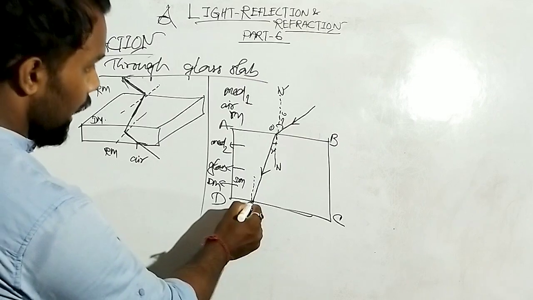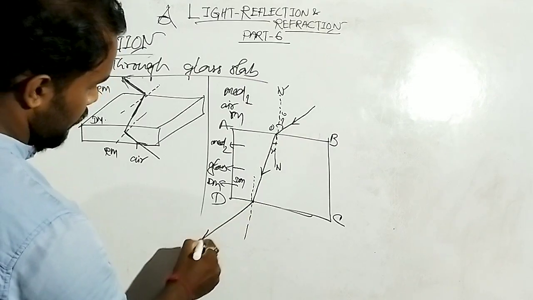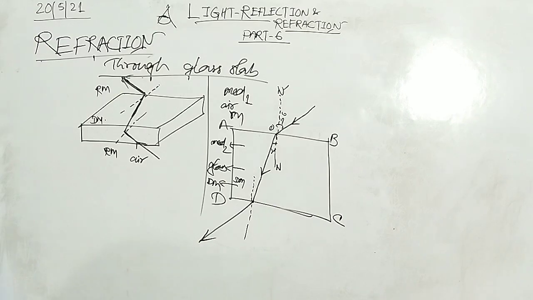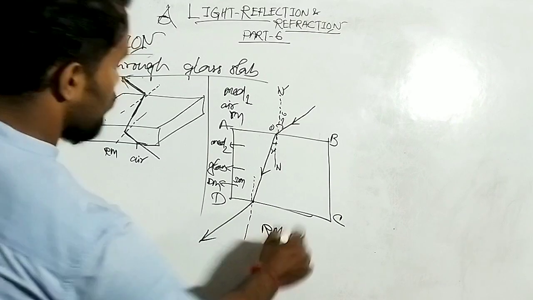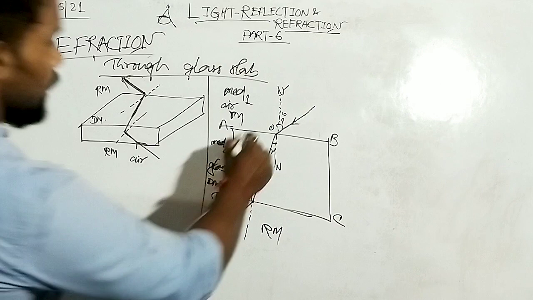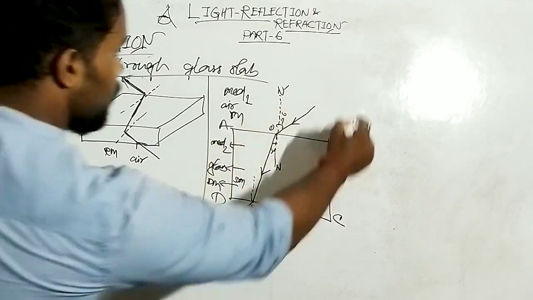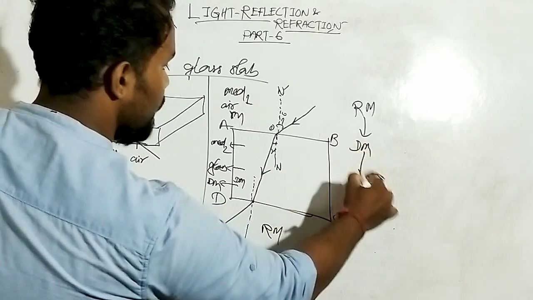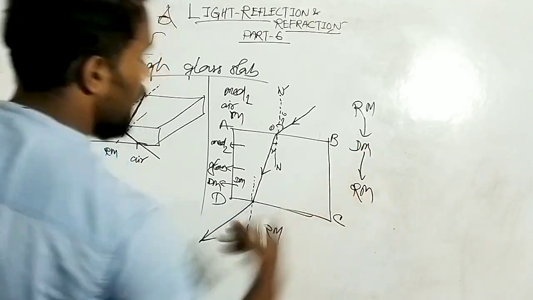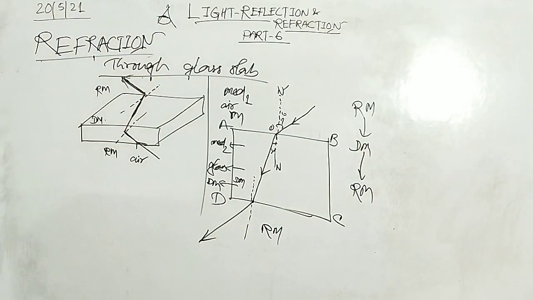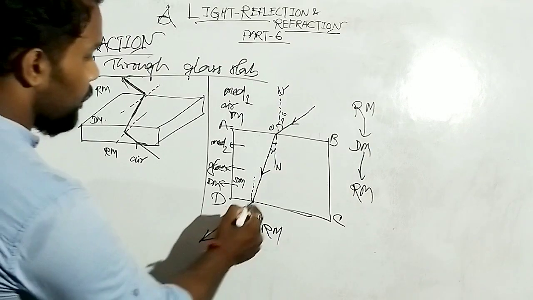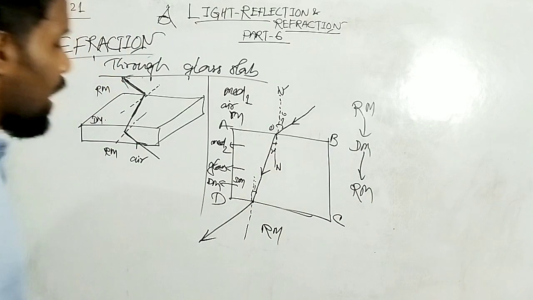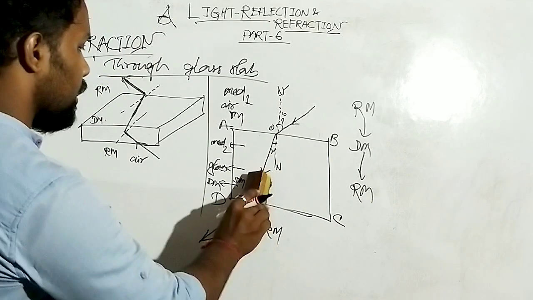It will move away from the normal. From the rarer medium it enters the denser medium, and again from the denser medium it gets out towards the rarer medium. Now each angle has some name; again give it a name, some angle.